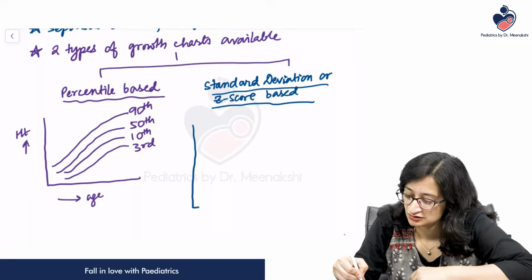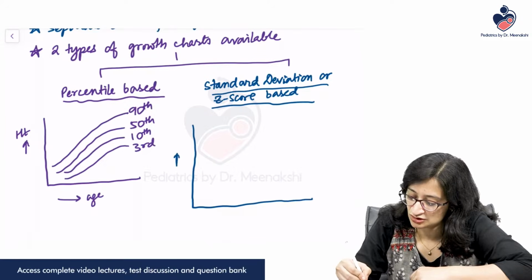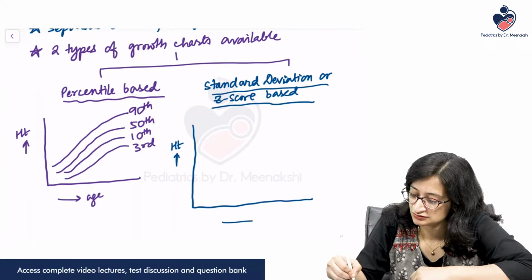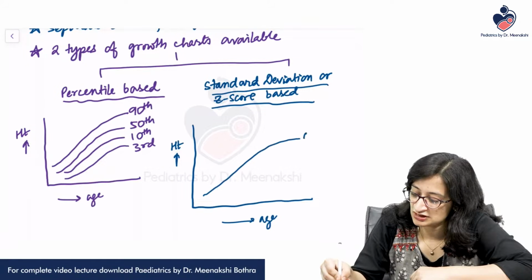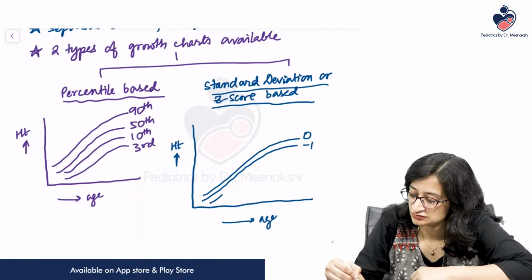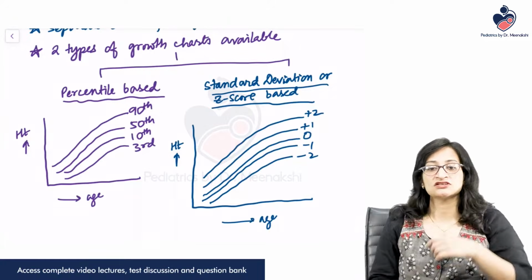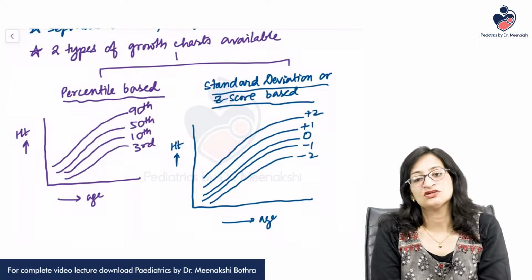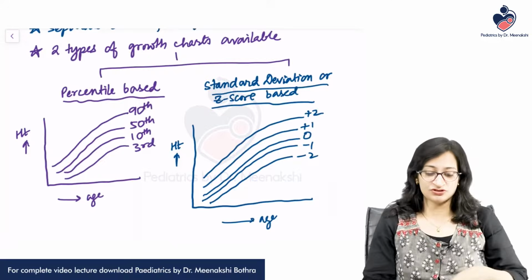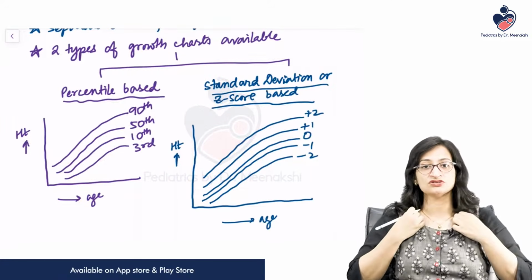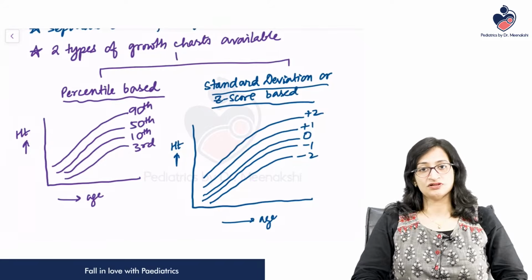Where again, for example, if it is a chart for height for age, you have lines like 0, -1 standard deviation, -2 standard deviation, +1 standard deviation, +2, and so on. So that is standard deviation or Z score based. So you can use any of these charts. You can use either percentile based charts, or you can use standard deviation or Z score based charts.